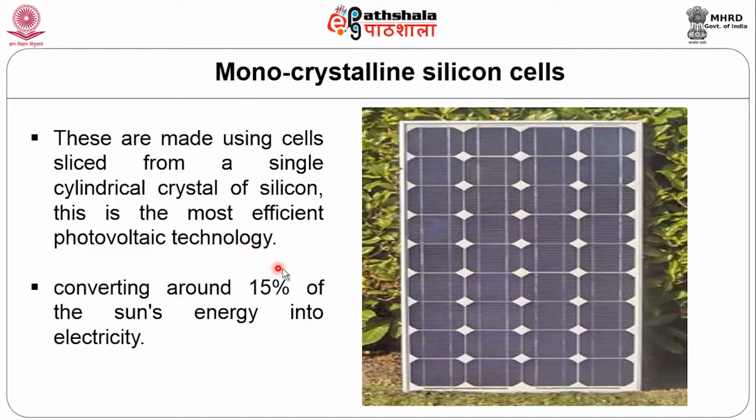This is the most efficient photovoltaic technology, converting around 15% of the sun's energy into electricity. Of course, it is a little bit expensive when compared with the multicrystalline solar cell.